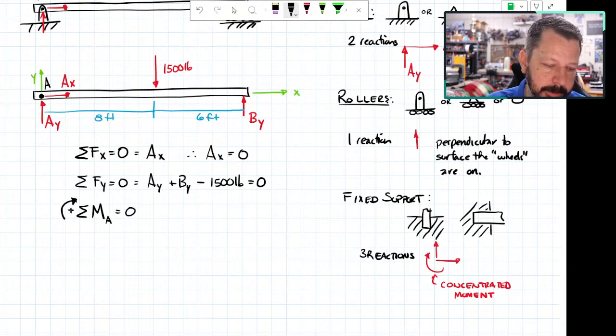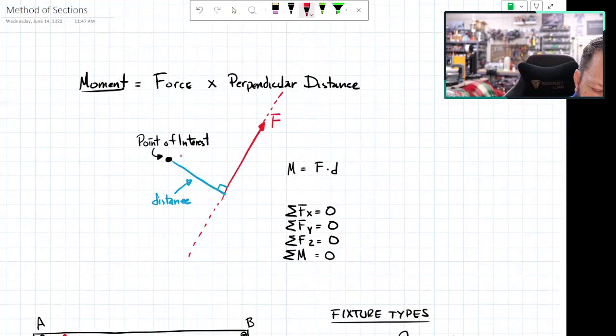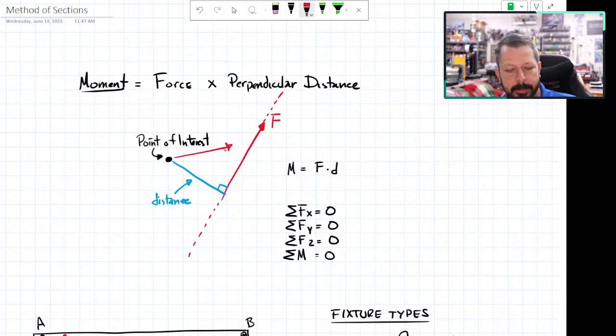Now I already know that AX is 0, so it's not contributing because it has no force magnitude. AY is interesting because it is that case that I talked about up here where if my force actually goes through the point, then the distance is 0 and it doesn't create a moment.